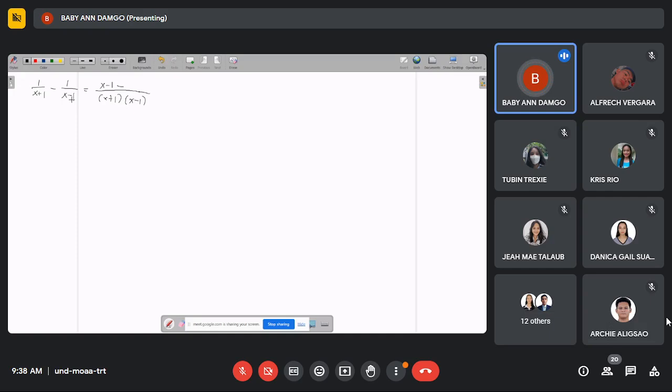So this is x minus 1 minus x minus 1 all over x squared minus 1. So simplify, we have negative 2 over x squared minus 1.